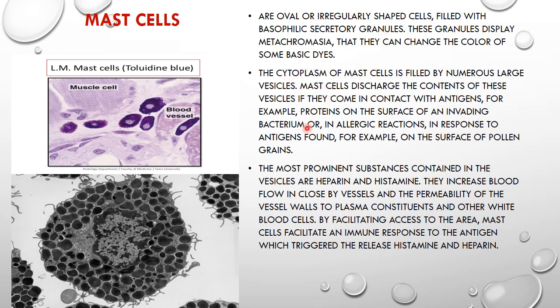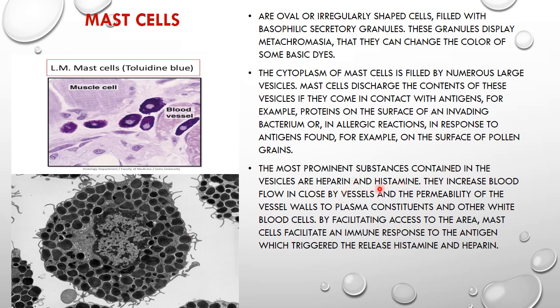So the cytoplasm is filled by numerous large vesicles, and these mast cells discharge their contents when they come in contact with antigens, for example, the proteins on the surface of an invading bacterium, or in allergic reactions in response to antigens found, for example, on the surface of pollen grains. So the substances which are released from these vesicles are heparin and histamine.